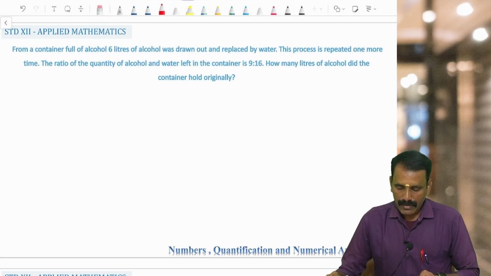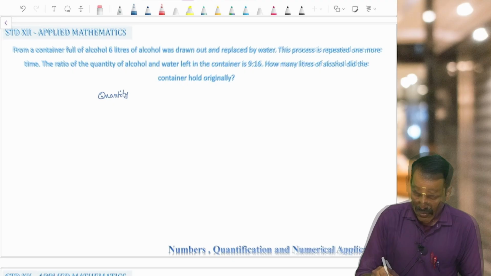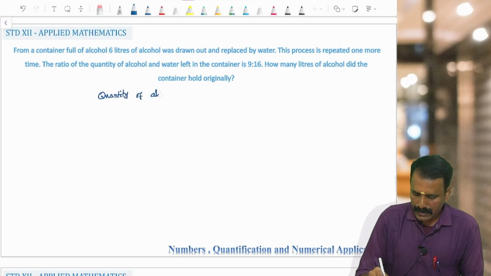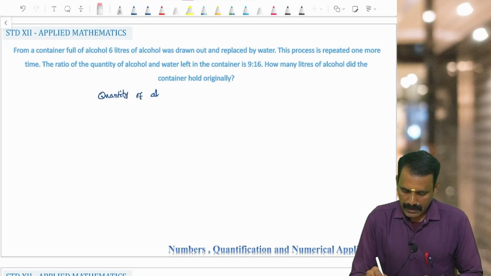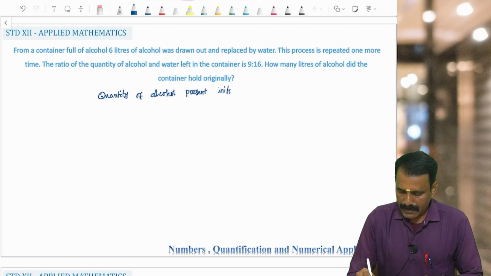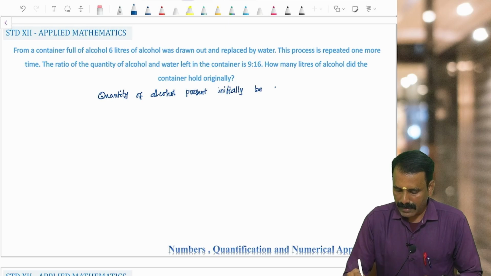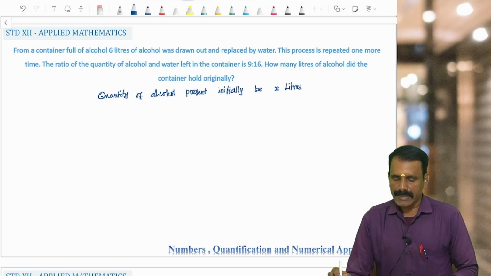So we start the problem. Quantity of alcohol present initially be X liters. We are going to find the value for X now.